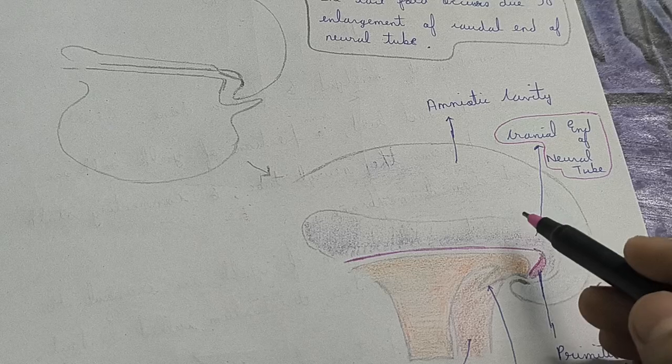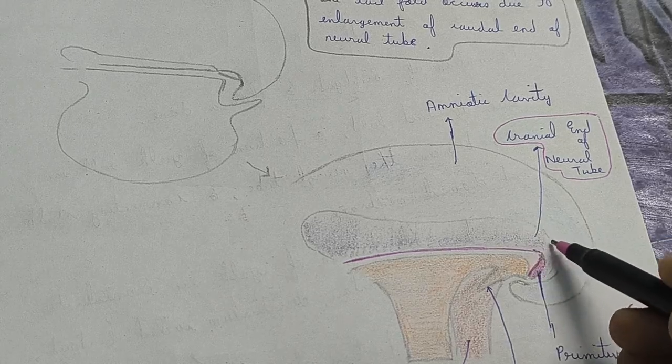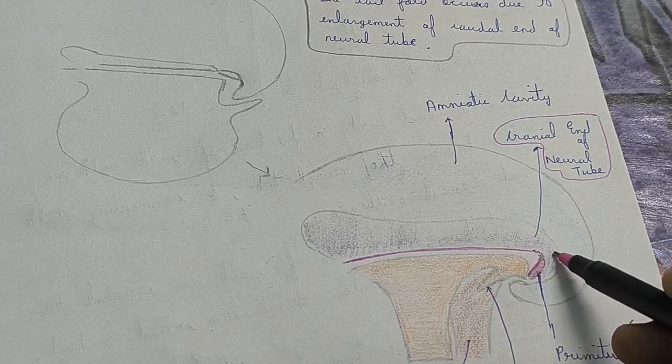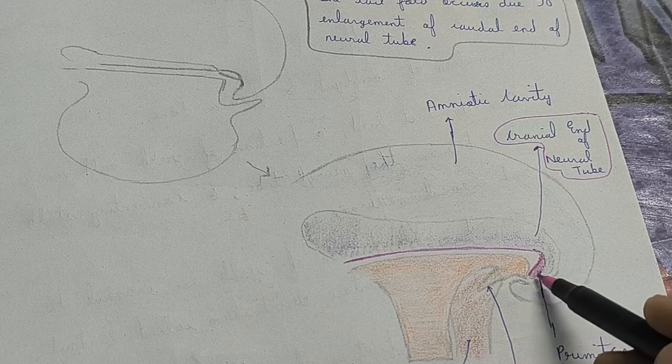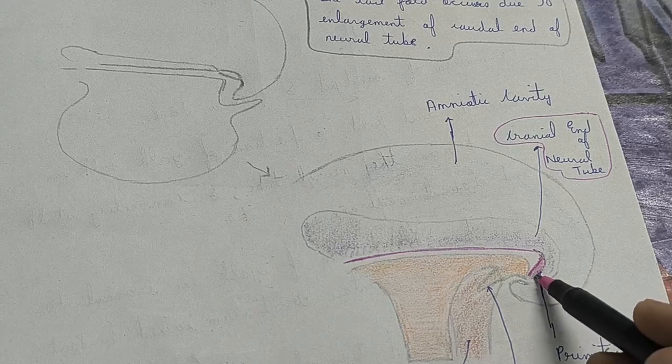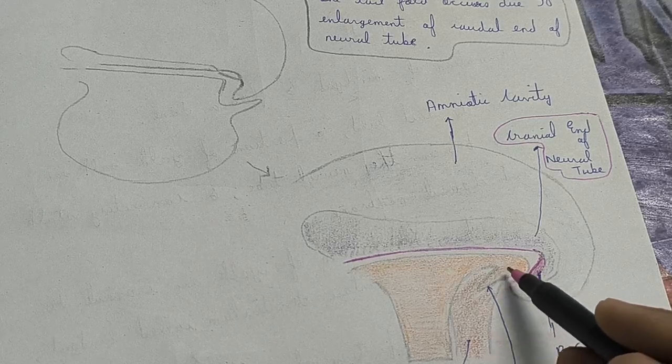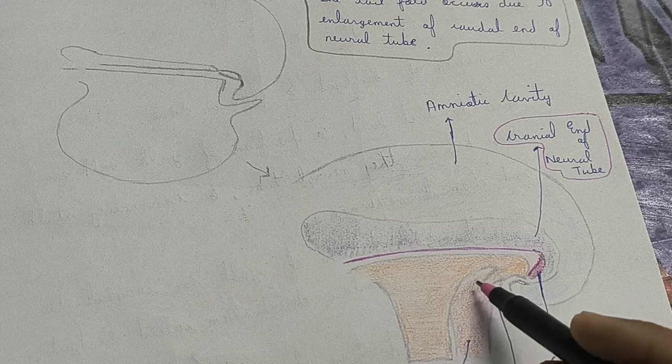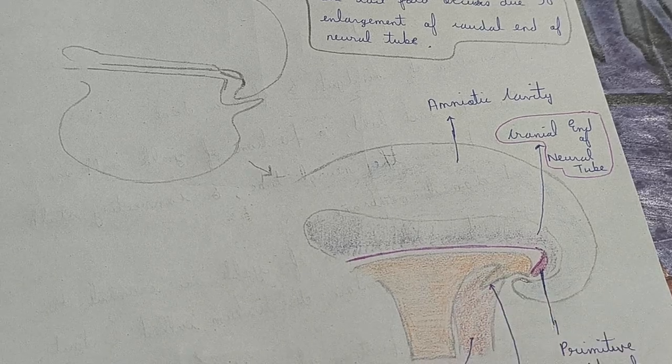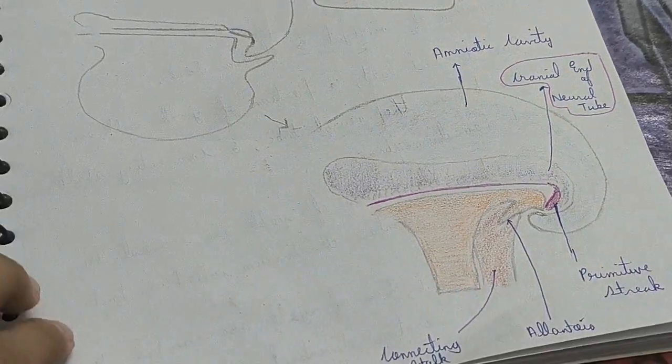You can see that the caudal end of the neural tube moves to the most extreme part, and slowly the primitive streak comes to lie caudally with respect to the connecting stalk and allantoic diverticulum.